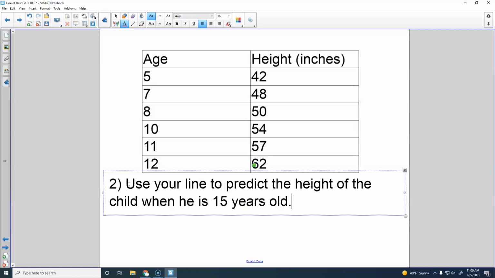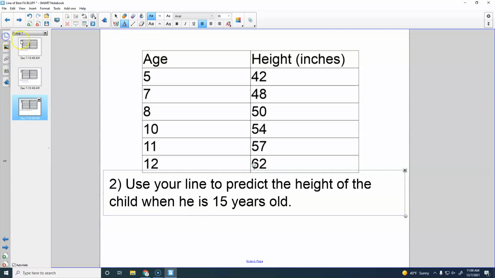All right, here you go. Make that prediction. Cannot talk. All right, now you're not predicting like, hey, guess what's happening. You're using the line. So you're using what you got in Desmos to predict. This is not a guess.